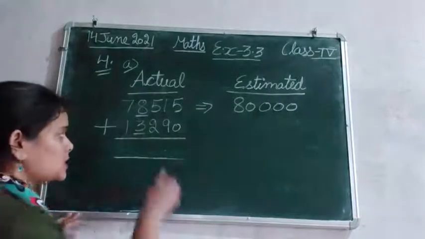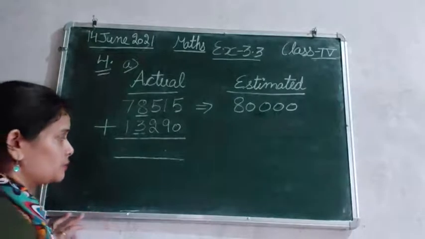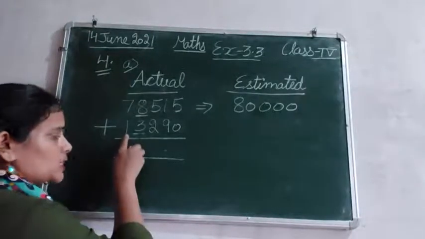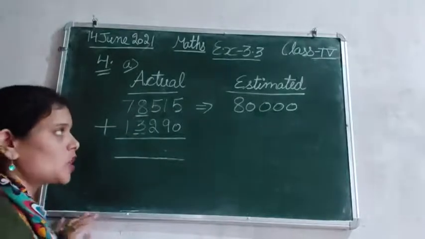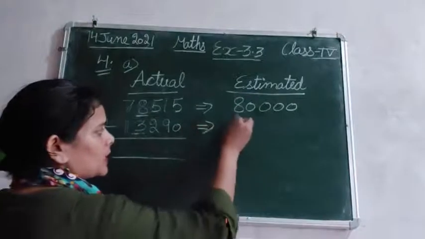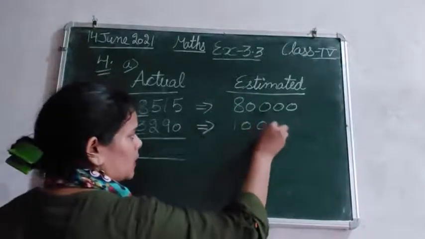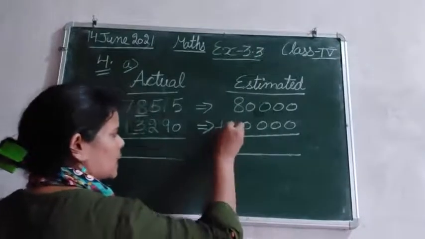So that means we will round it off to the previous 10,000. इससे पहले वाला 10,000 कौन सा होगा? That will be 10,000 only.